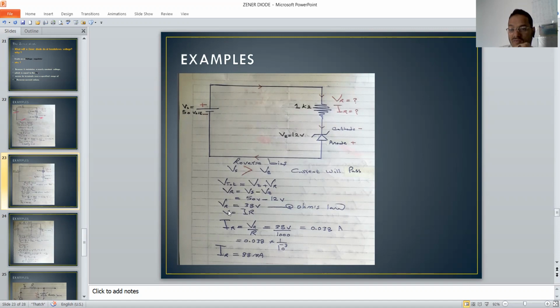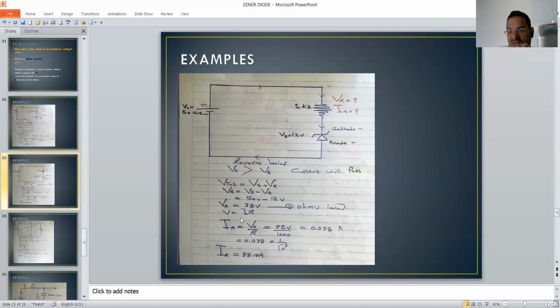By that, the voltage at the resistance equals 38 volts. From Ohm's law we will start to calculate the current on this resistance. The voltage at this resistance we calculate from the V total law, and we calculate the current at this resistance by using Ohm's law.